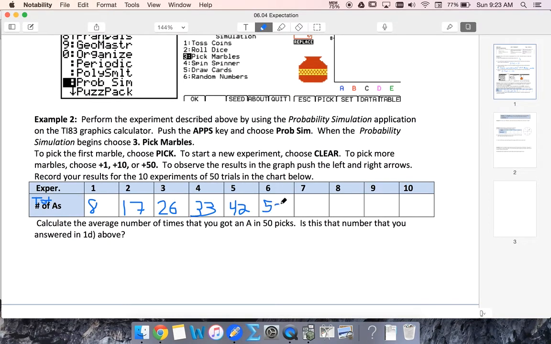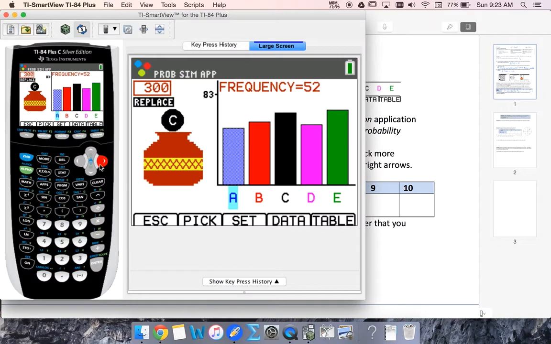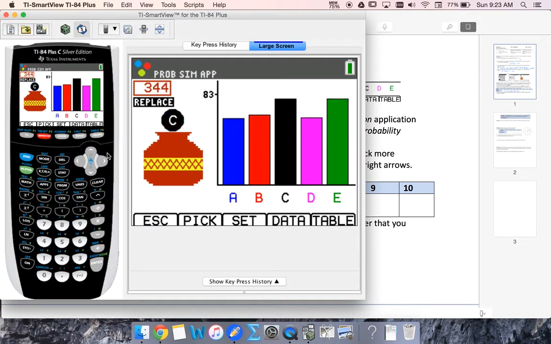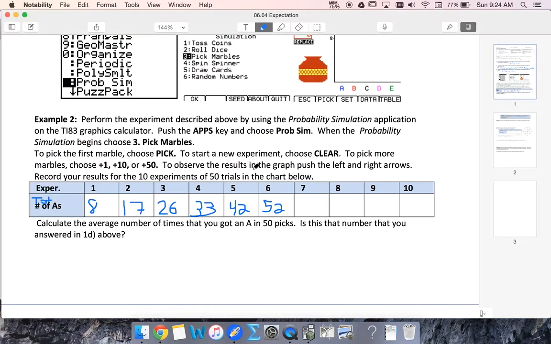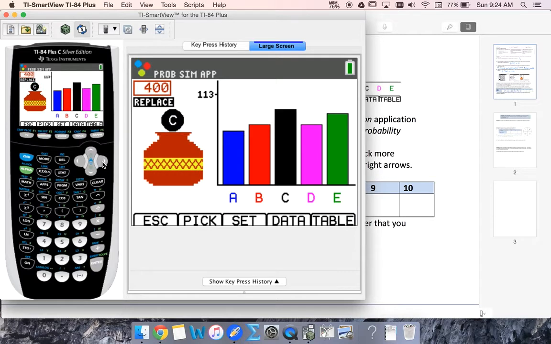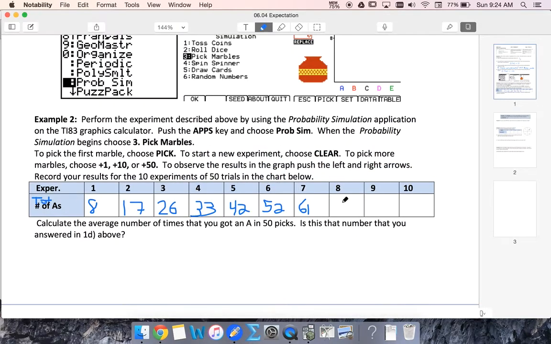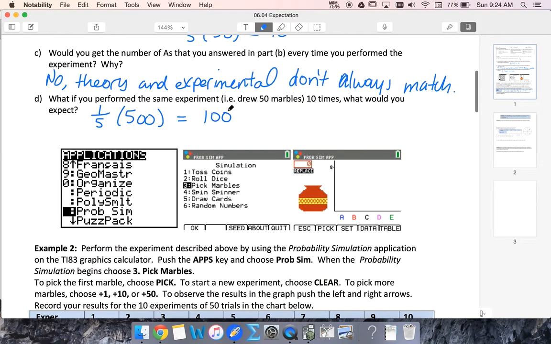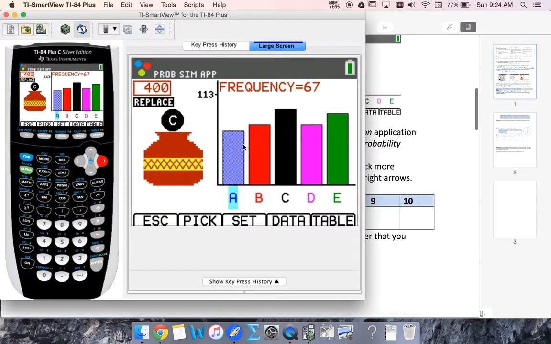There's our average we've been thinking about. 61, that's 9 again. 67, we only got 6. So we had expected to get 10 out of our 50, but I don't think that's going to happen.